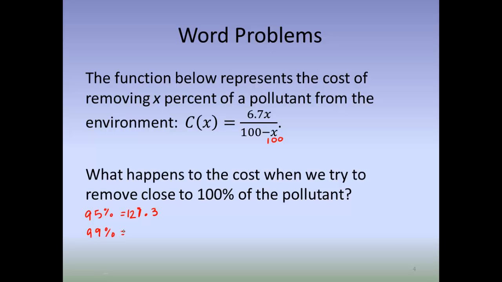Okay, let's try 99%. So go ahead and substitute in your 99%. So C of 99. We came up with 663.3. What if we try 99.9%? So try C of 99.9.